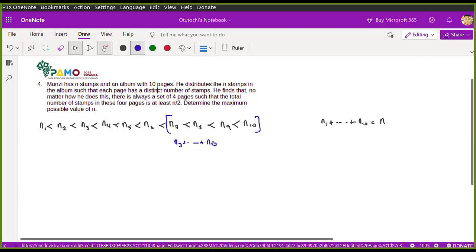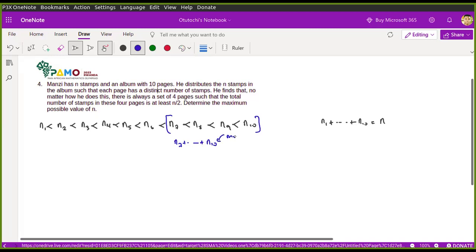So we actually want n7 up to n10 to be greater than or equal to n over 2, no matter how we choose the ni. So a better way of looking at it is to consider the distribution such that the sum of n7 to n10 is minimum.